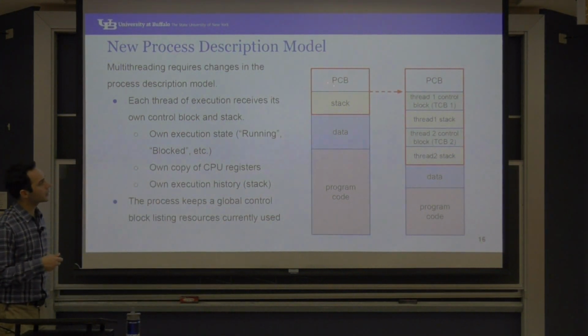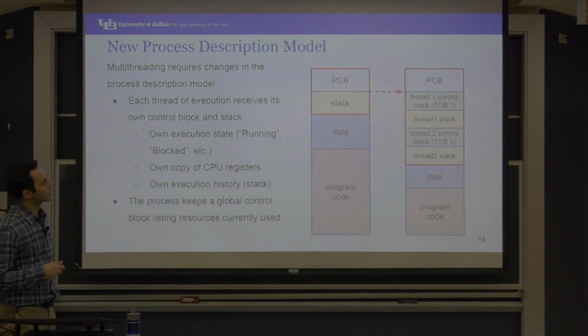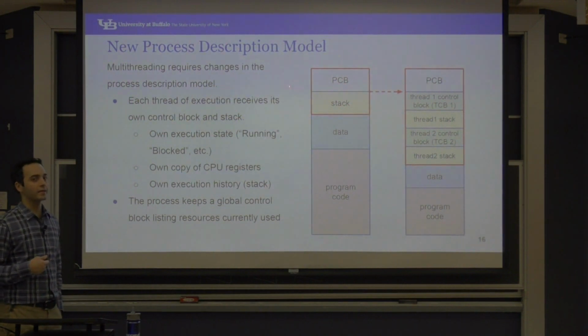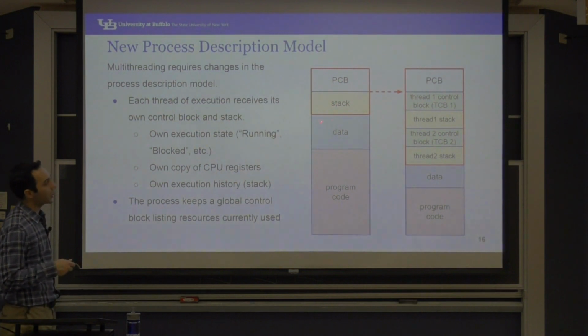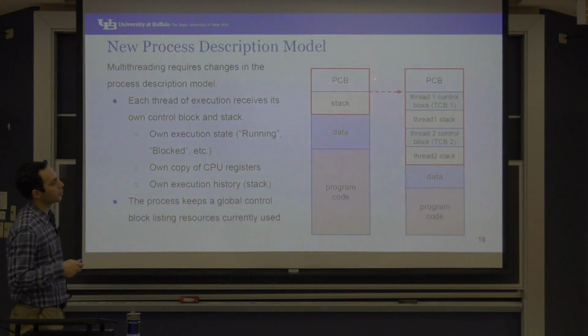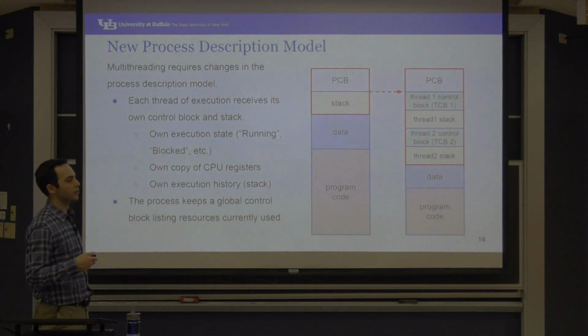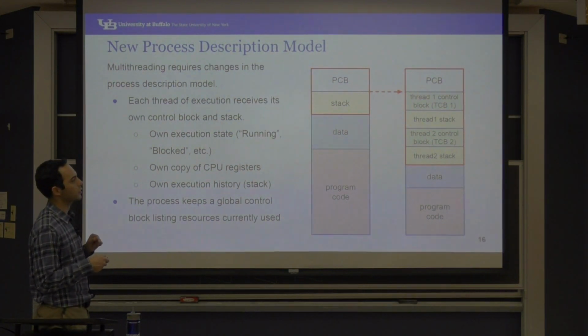What we saw here in the context of the process was the process control block and a stack. So this was a single-thread process, right? Now it has to change, because this process control block still has the process identifier, open files, and everything that we talked about.